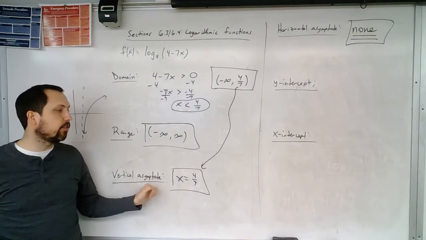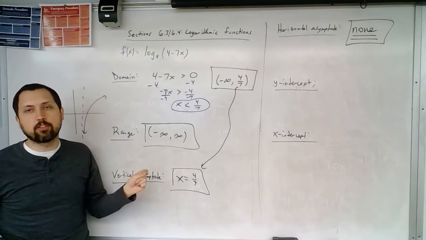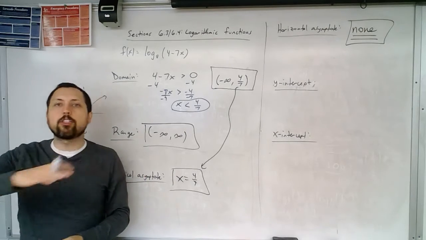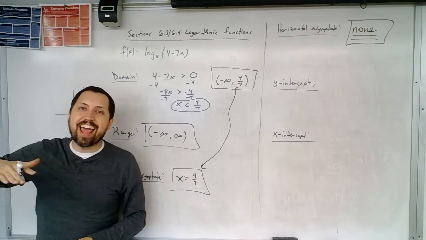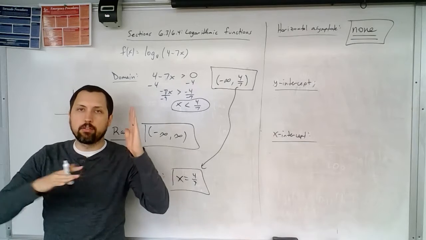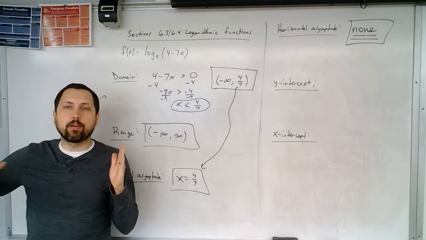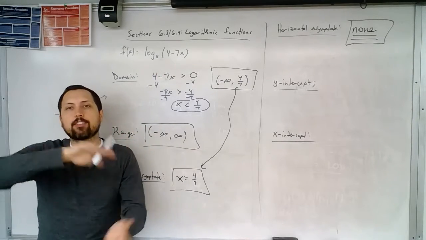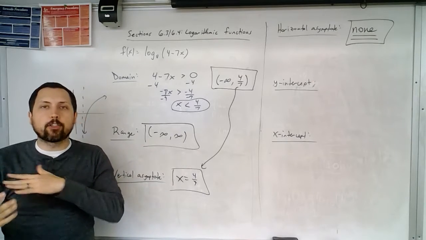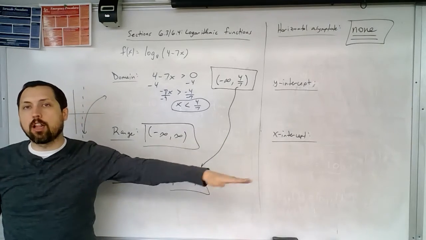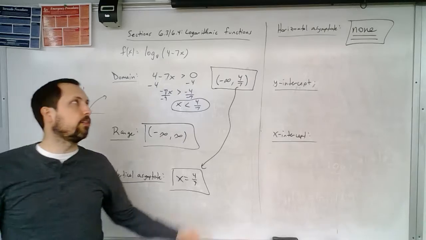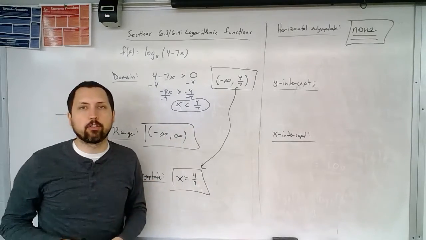So that's why there is a vertical asymptote with logarithmic functions. Same way, an exponential function has no vertical asymptote. An exponential function just kept going. So if we switch the x's and y's, a logarithmic function will have no horizontal asymptote. So we can remember that again based off of exponential functions.